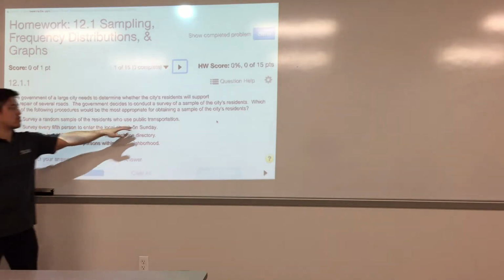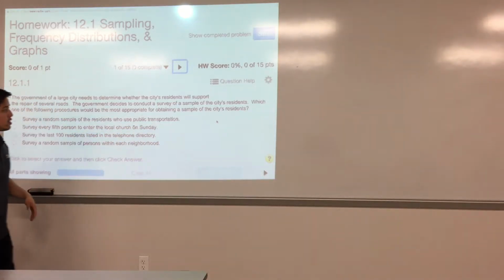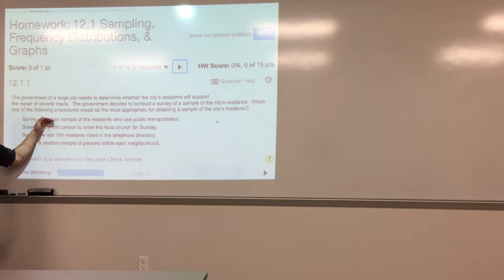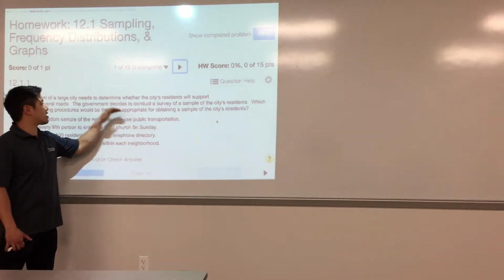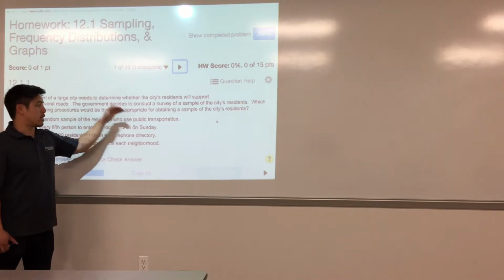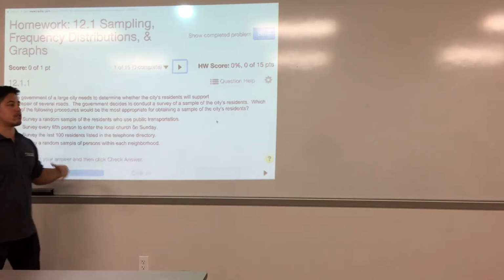Well, these residents who use public transportation may not drive as much, so maybe it's not as important to them. So they might be more likely to vote against it. Or the other way, they use public transportation, they realize they ride on roads, they might want it. What you want is a good sample.